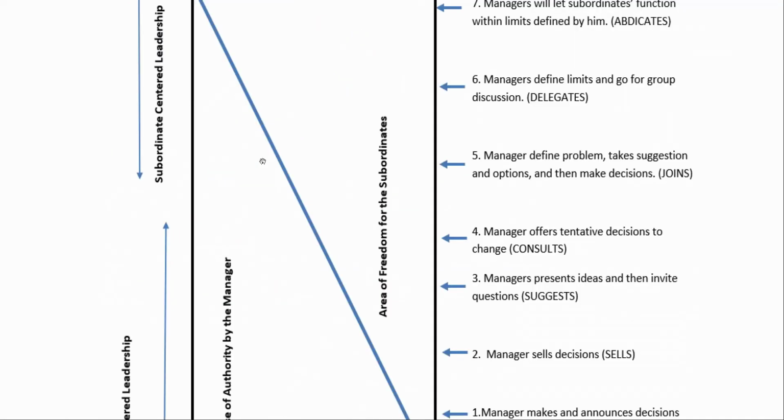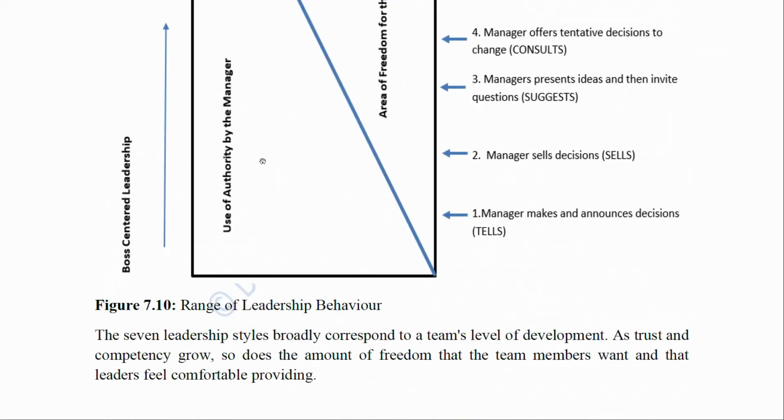The 7 leadership styles broadly correspond to a team's level of development. As trust and competency grow, so does the amount of freedom that the team members want and that leaders feel comfortable providing.